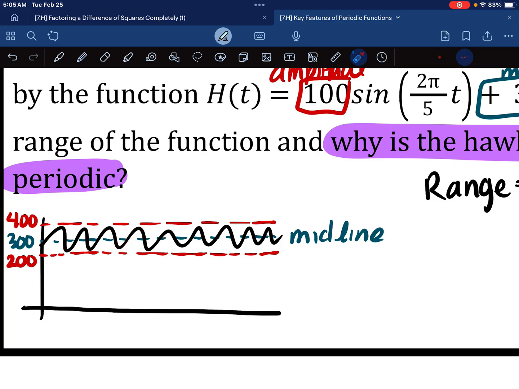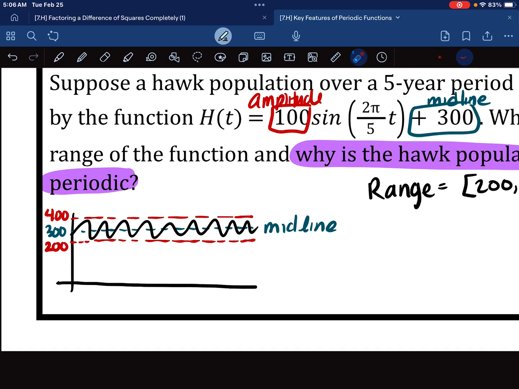Don't you hear about like mating season with birds in like the spring, or really with any animal in the spring? Their populations tend to increase, right? There's an increase in food availability because of the season. Okay? And then they would decrease in the fall and the winter as food becomes more scarce. All right? So that's an idea there about why it's periodic.